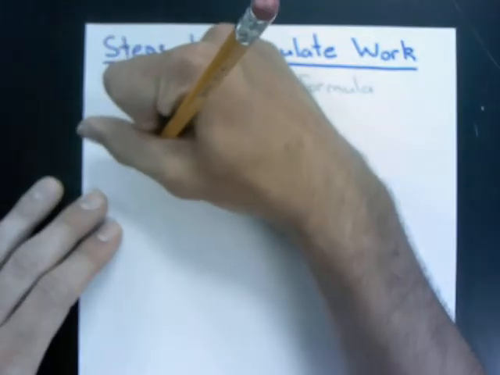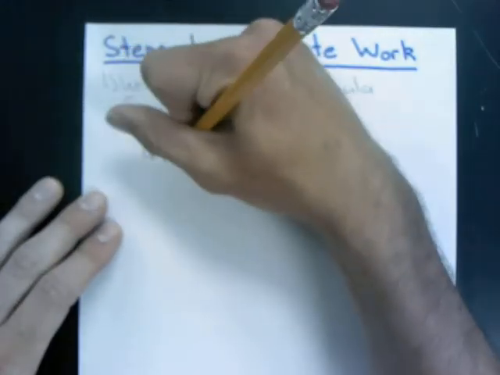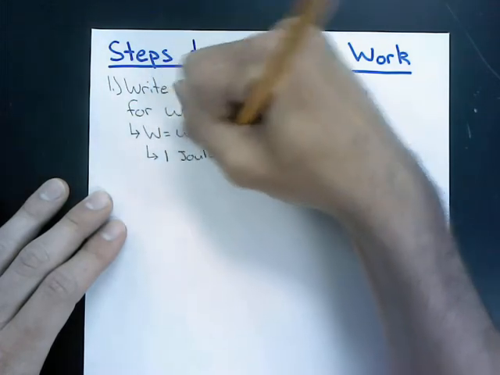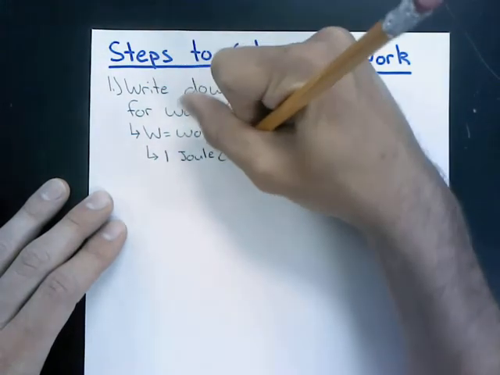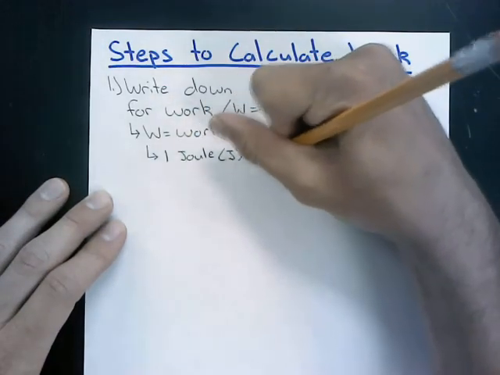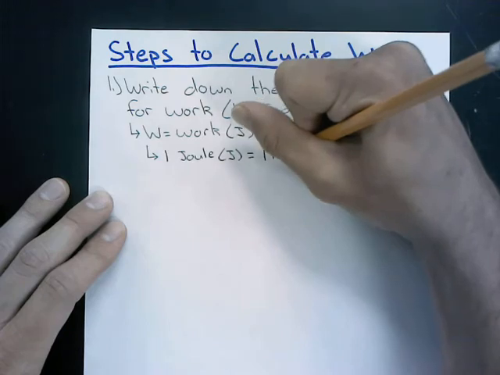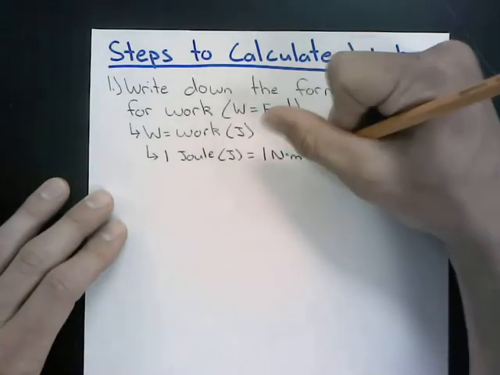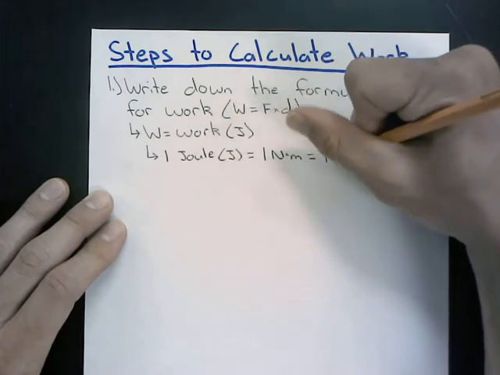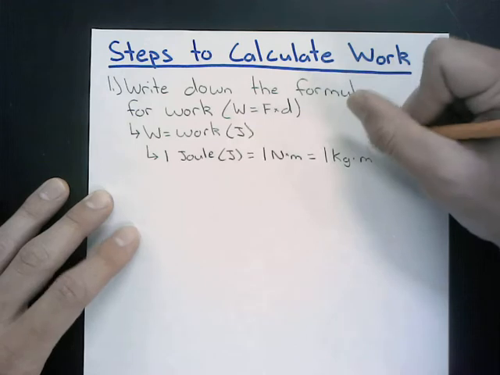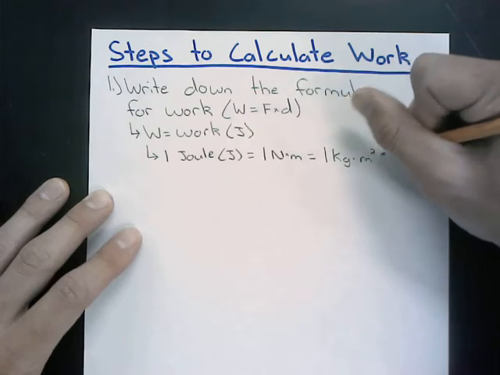One, we can have 1 joule, which we say just a J. This is equal to 1 Newton meter, so 1 Newton times meter. And this can also be equal to 1 kilogram meter squared per second squared.